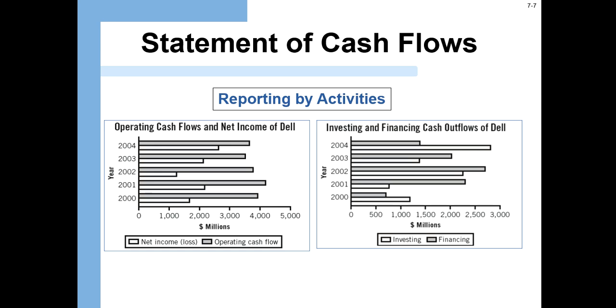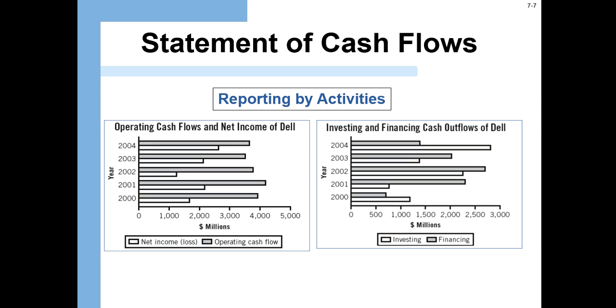For some years, financing cash flows is more than investing cash flows, but for some years like 2003 or 2004, investing cash flows is much higher than financing cash flows. Okay.